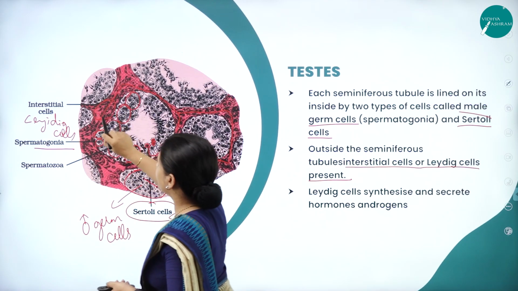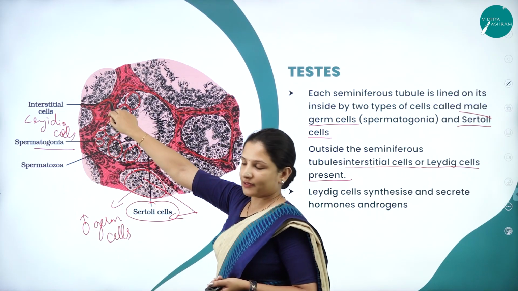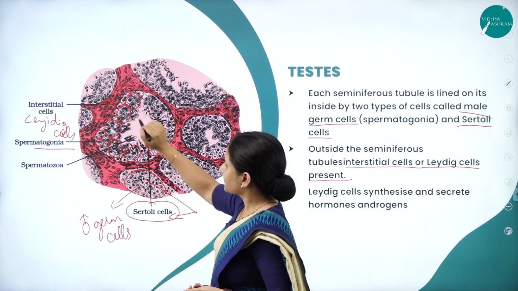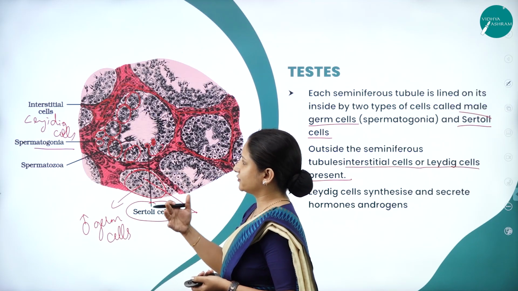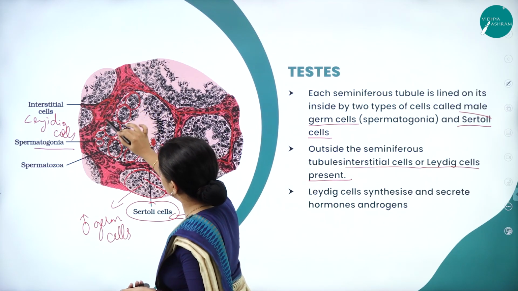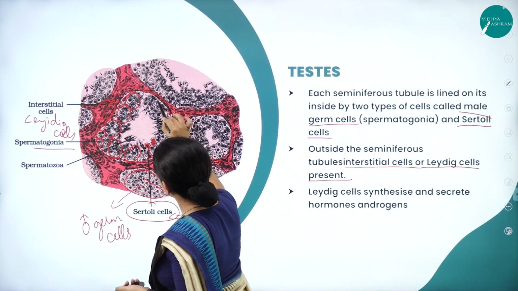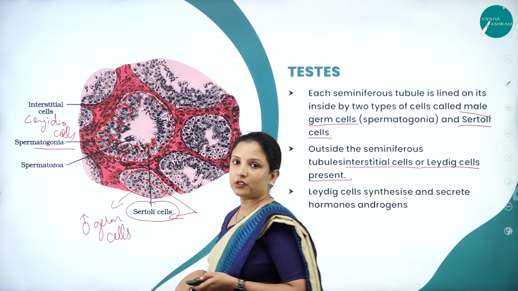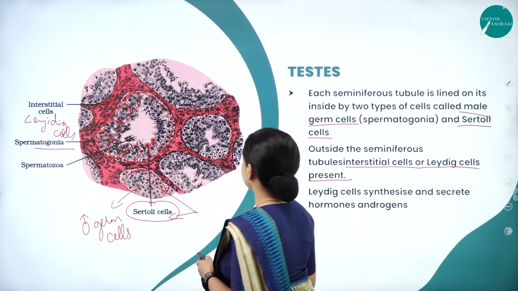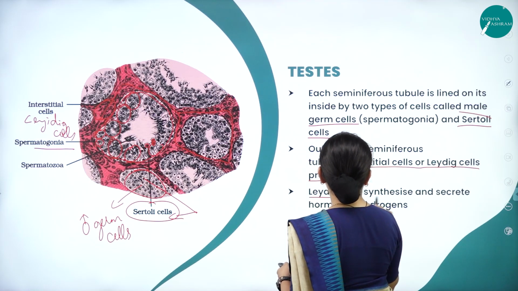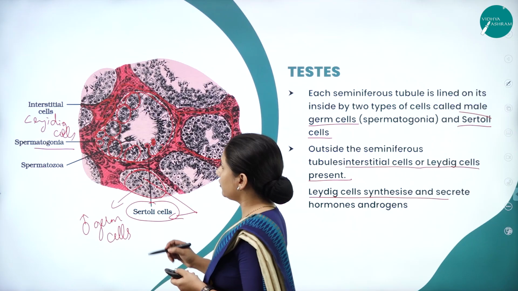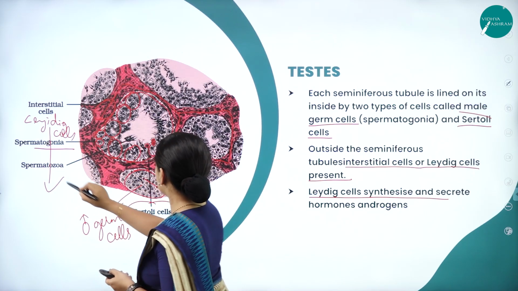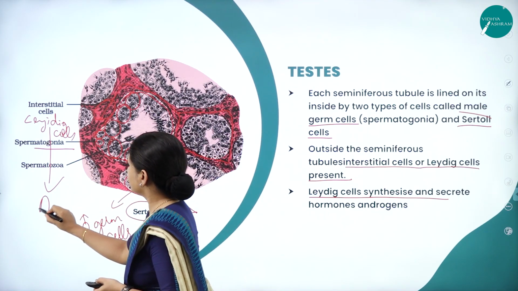Can you see the slightly darker pink ones which are present outside the spermatogonia? That is the region outside the seminiferous tubules. These are the seminiferous tubules. So the region outside the seminiferous tubule, we call it the Leydig cells. And the main function of the Leydig cells is to synthesize and secrete the hormone androgens.